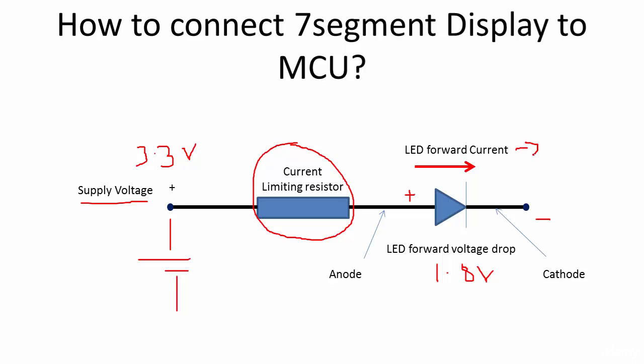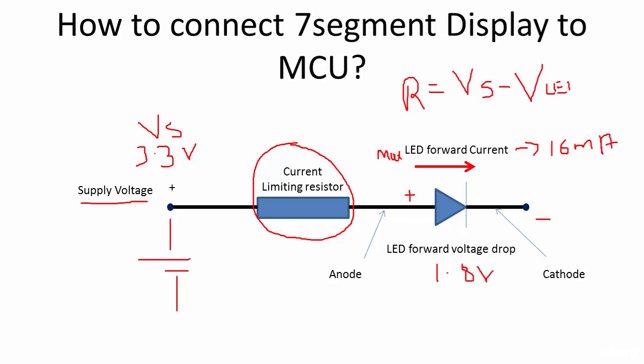Let's say the maximum forward current is 16 milliamps. Now how do you calculate this resistor? R is equal to the source voltage Vs minus the LED forward voltage VLED, divided by the forward current IF.